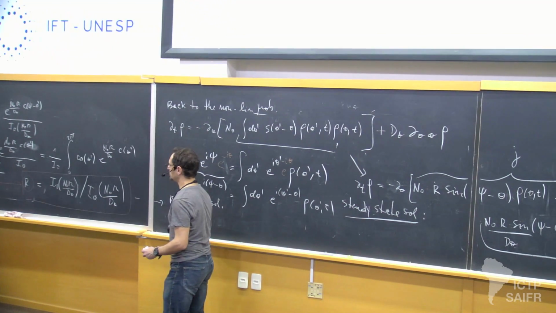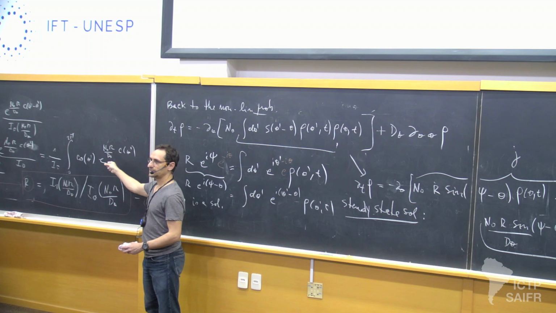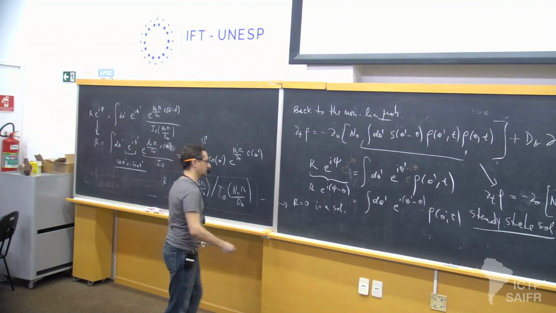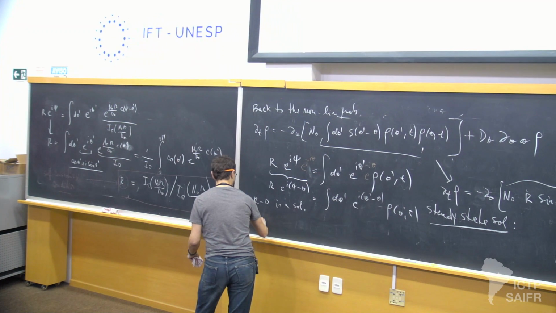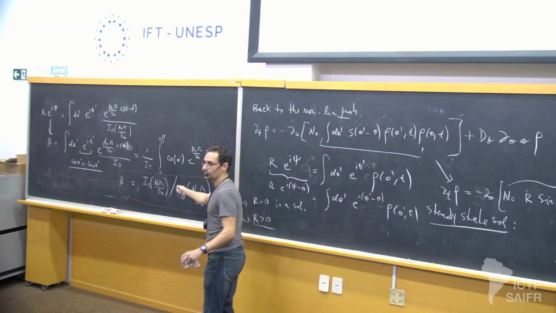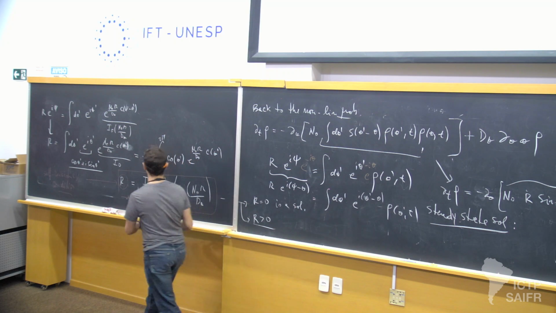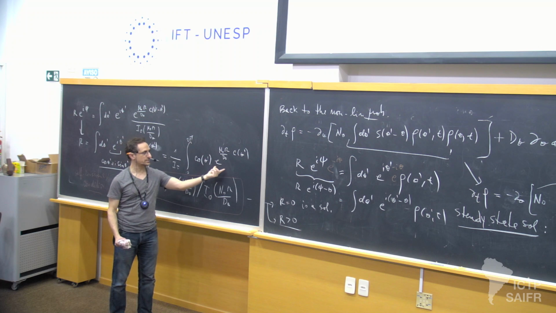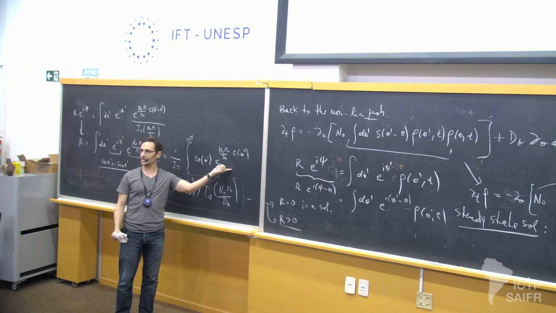R equals 0, because of the normalization, the solution is 1 over 2 pi, right? And then there is this other solution for R different from 0, an R larger than 0. You can try to solve this, but there is another way: if I do a Taylor expansion of this, you can see that I cannot stop at order 1, because at order 1 I'm going to get a trivial result, R equals 0.